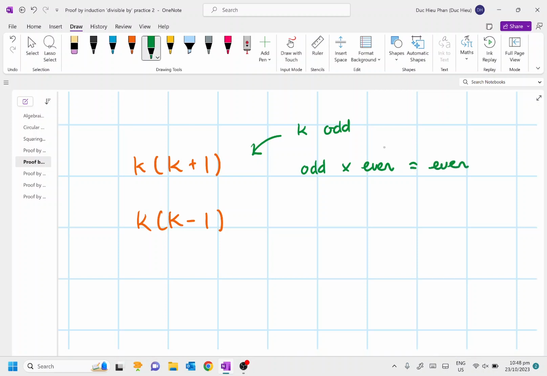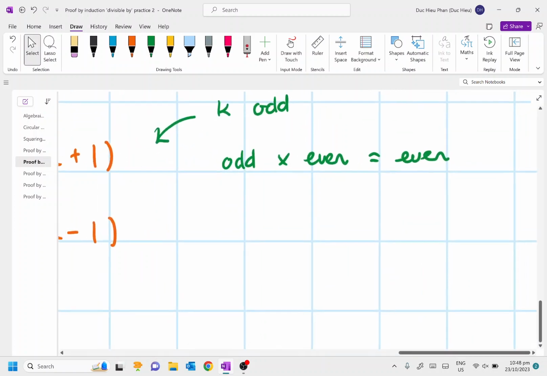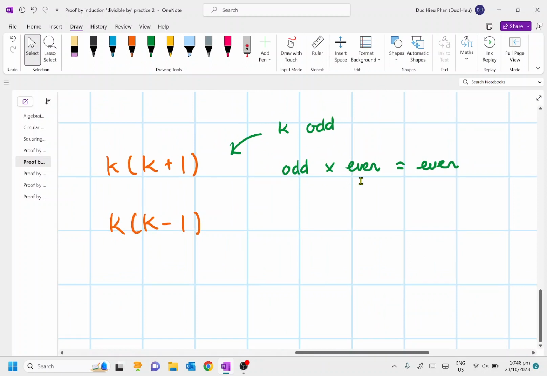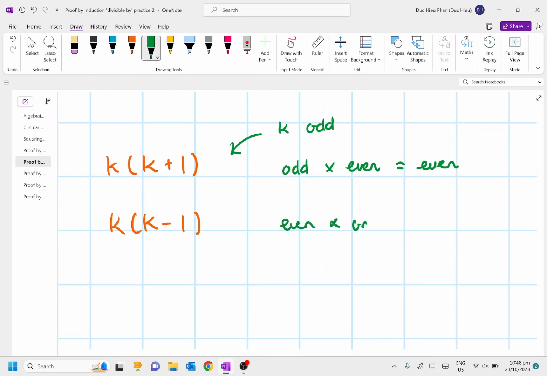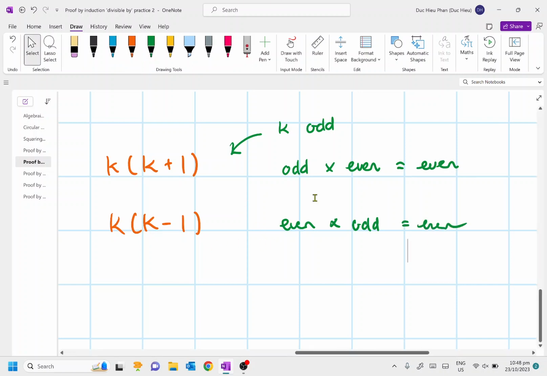2 times 3 is 6. 3 times 4 is 12. Notice how odd times odd is odd. 3 times 3 is 9, that kind of stuff. So an odd times even is even, and also an even times odd is also even. And that's why down here is as well.